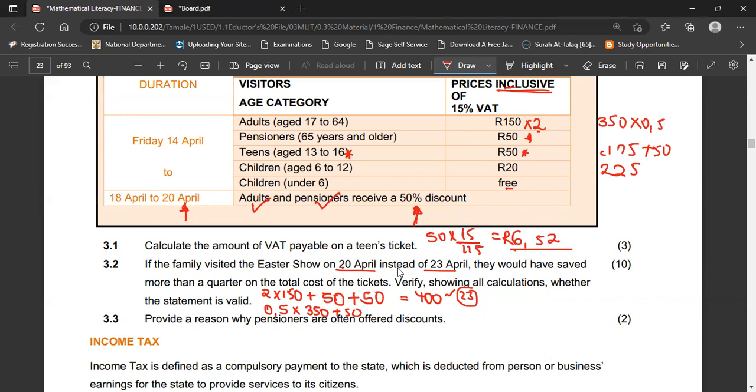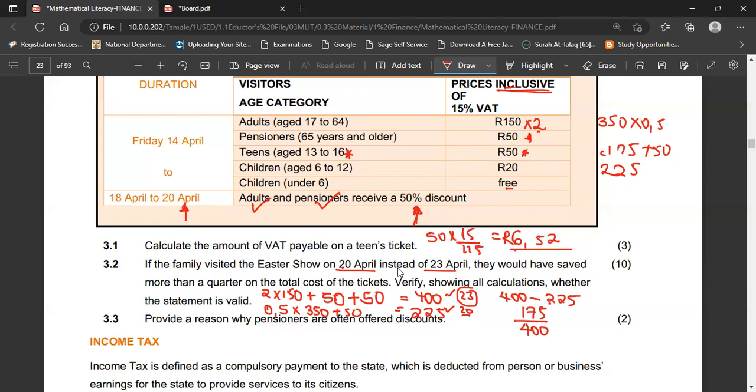So here they pay 225, but then what is the saving? How much is the saving? So the saving will be 400 minus 225, you get 175. This is their saving. So 175 out of 400 is saved.